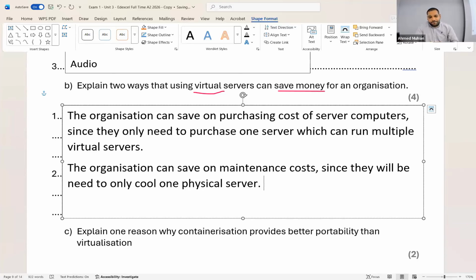Okay. The organization can save on running costs such as rent because they will require space only for one physical server. Write it that way. Okay. They will require space only for one physical server.